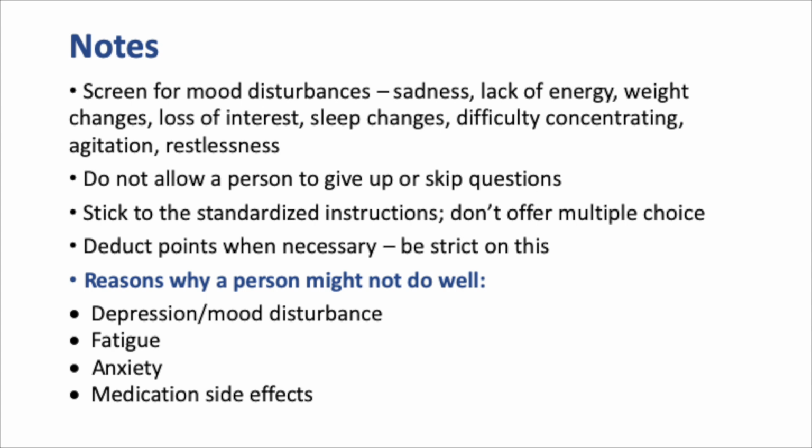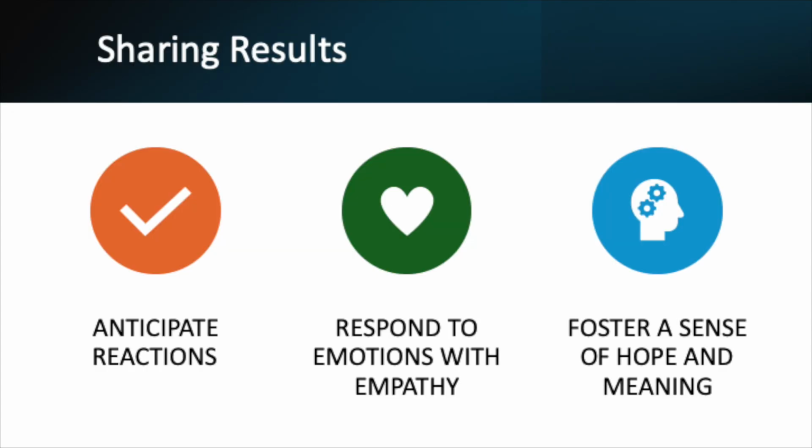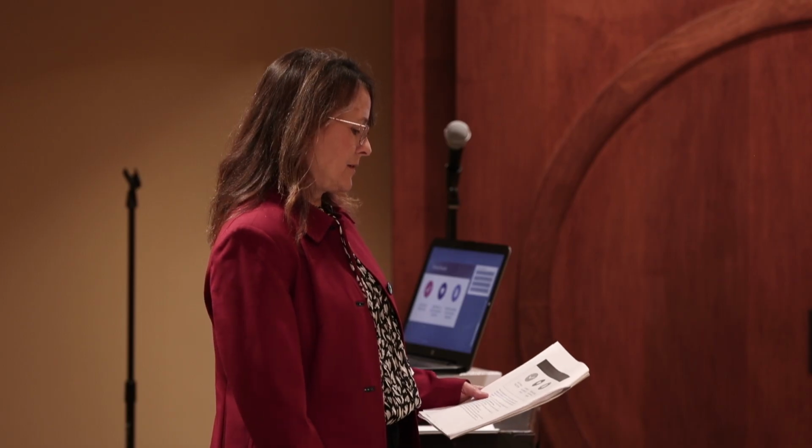So when you're communicating the results, we want to use a person-centered approach. That means to be sensitive to people. You would anticipate that if someone doesn't do well on this, it might be shocking or surprising, or there might be other emotions that come out.